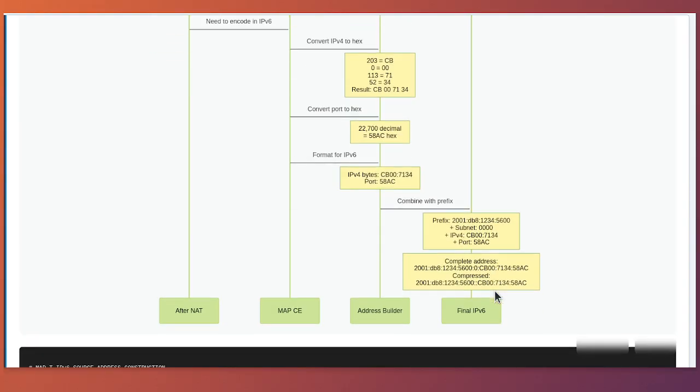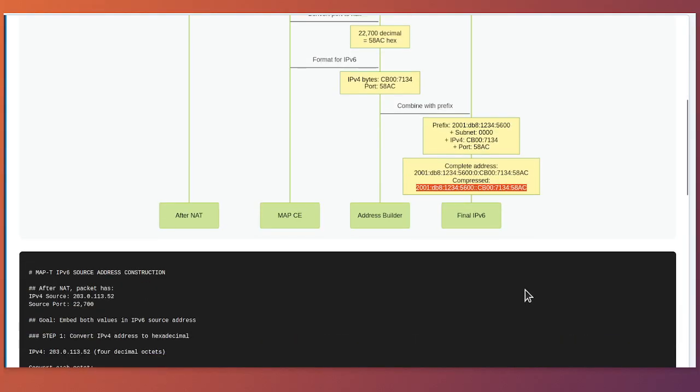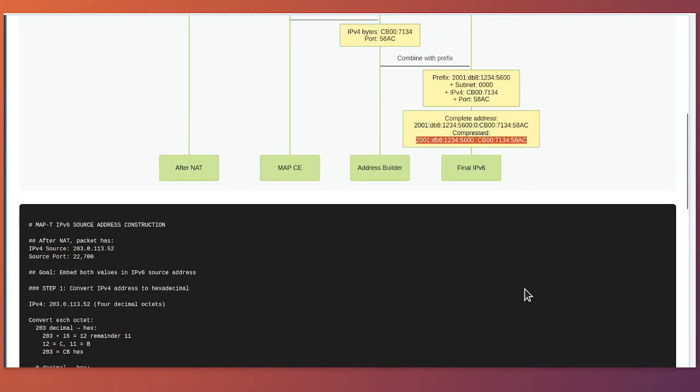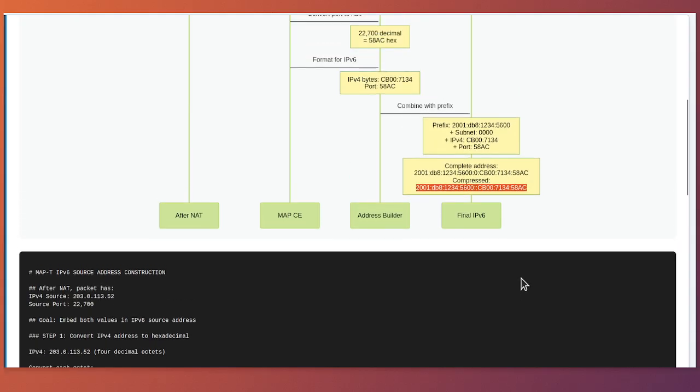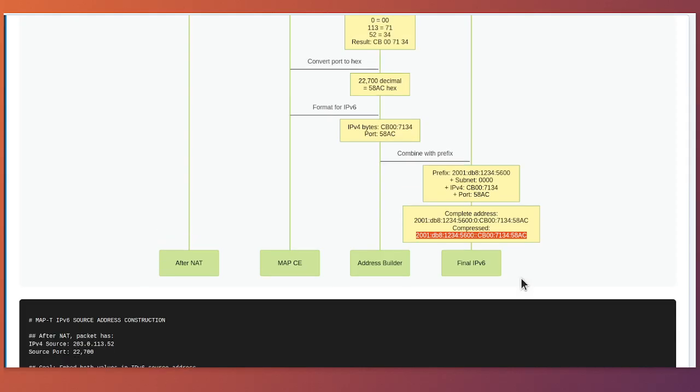So the complete IPv6 source address is 2001:DB8:1234:5600:CB00:7134:58AC.